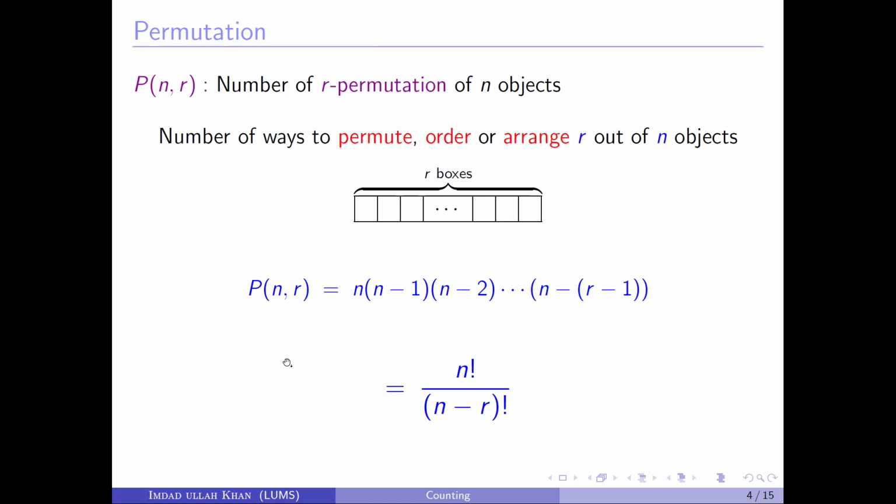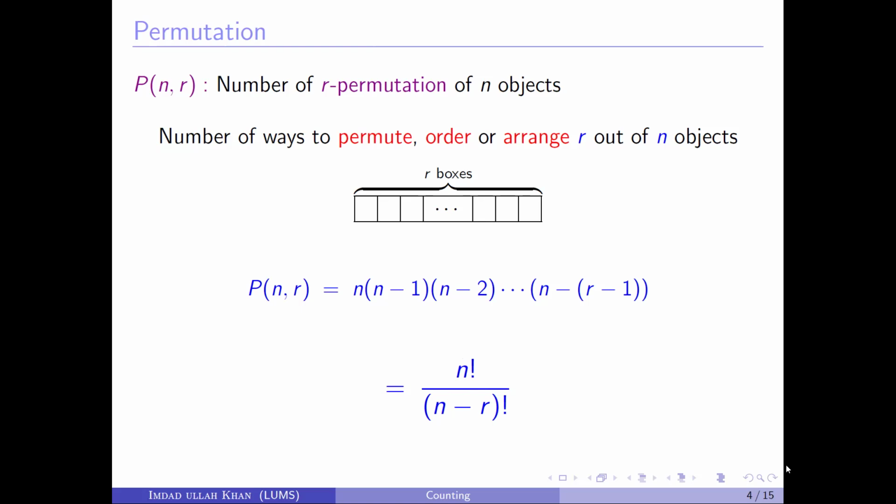If you look at the rightmost term getting multiplied in this product, it is n minus R plus 1. So the next lower term would be n minus R. So n minus R going down to 1 are the ones which are not being counted. When we generalize it, we write it as n factorial over n minus R factorial.